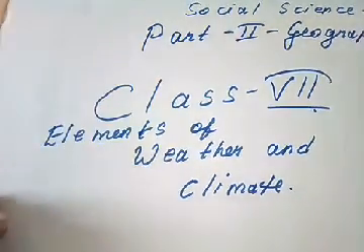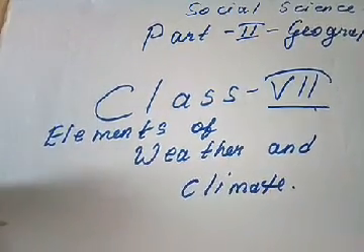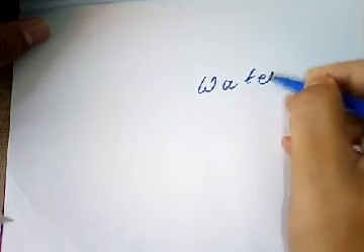First of all, we must understand what an element is. What do you understand by element? An element is the simplest form of matter that we know. Suppose we discuss water.